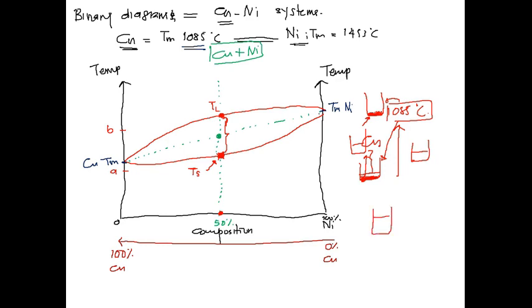Okay, you have the solution, and then you have the condenser kan kat sini, and then you collect your sample kat sini. Okay, and you pernah buat tak? I rasa dalam organic class ada kot. Okay, so this is your sample lah kat sini.